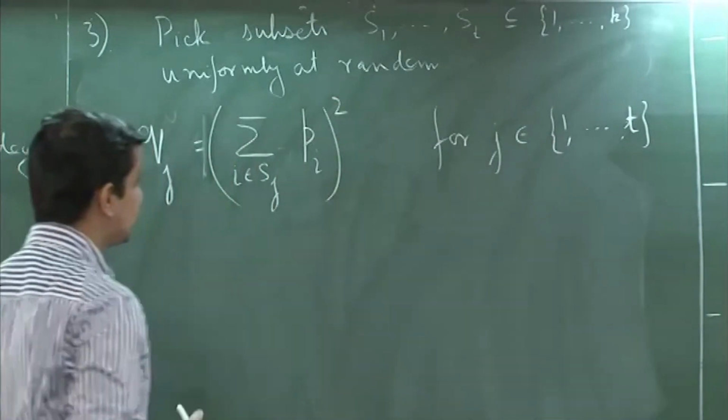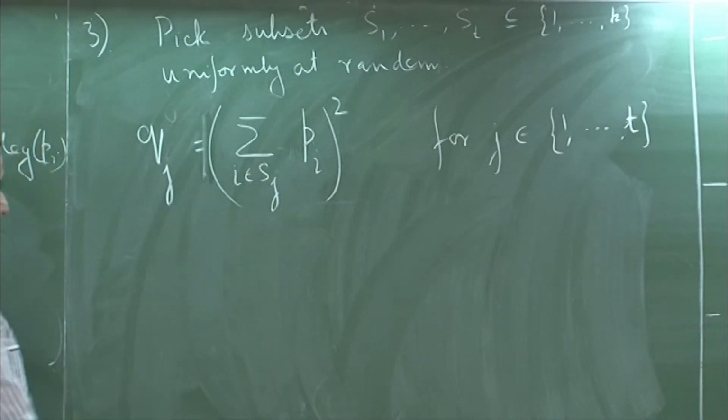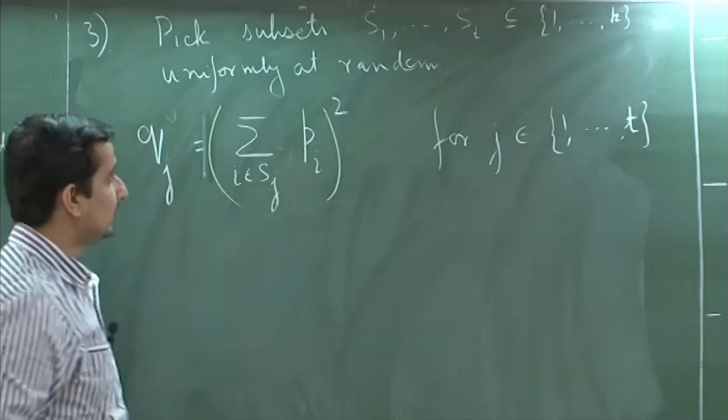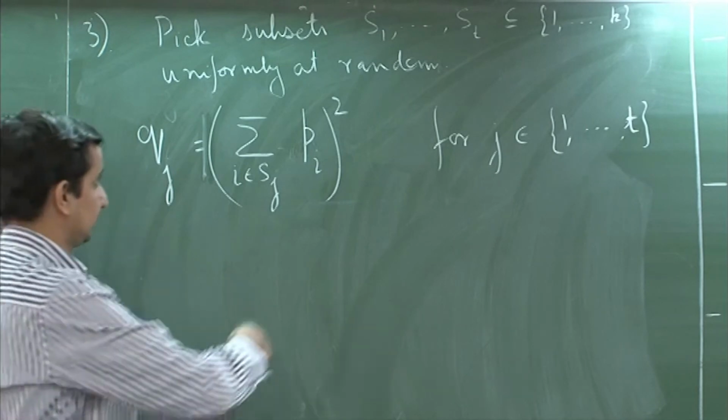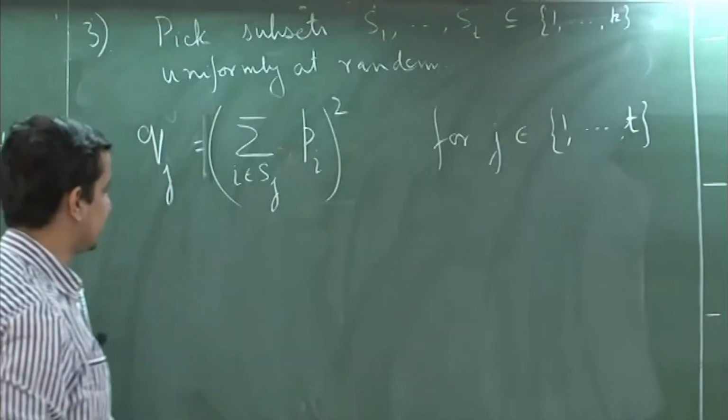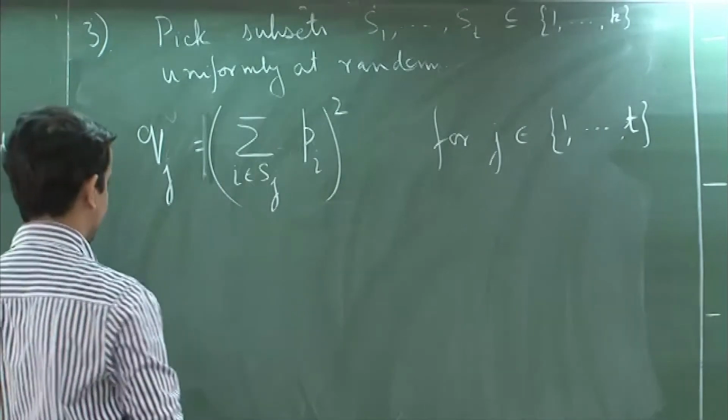Okay. So, for each of those subsets, I will sum up the corresponding Pi's whose indices are obtained from that subset, and then take the square.